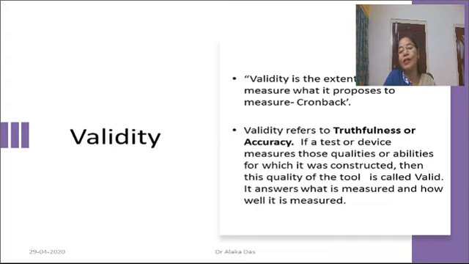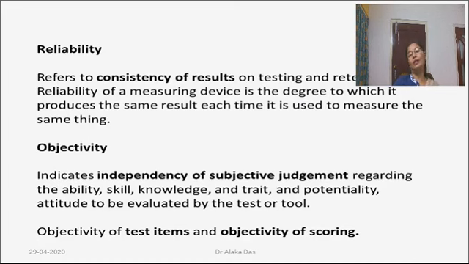That means it is the prime quality of any research tool or device. Another important quality is reliability of any research tool. Reliability refers to consistency of results. So the key term here is consistency of results.